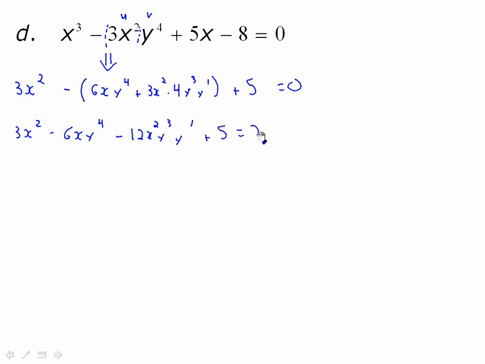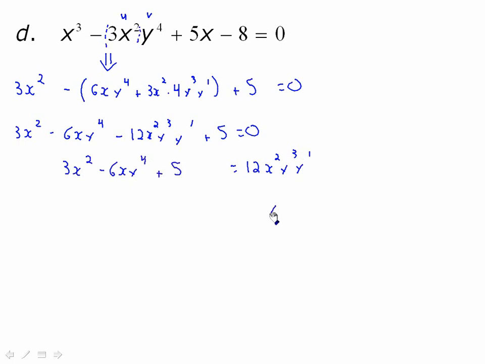Now the good news about this question is that there's only one y prime term. And I'm going to bring that over, so it's 12x squared y cubed y prime. And then on the left side we have 3x squared minus 6xy to the 4 plus 5.